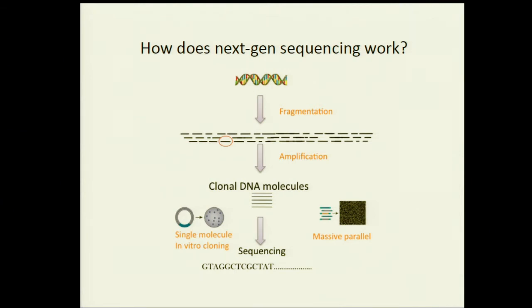So you go from this big piece of DNA to lots of little pieces. And these little pieces overlap. So at any given position in the genome, you might have several reads, several little windows that overlap and show you the base composition of that particular position. And then by the end, you get the sequence of the DNA. So that's really the concept here.